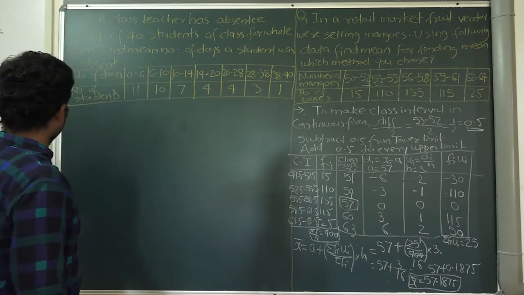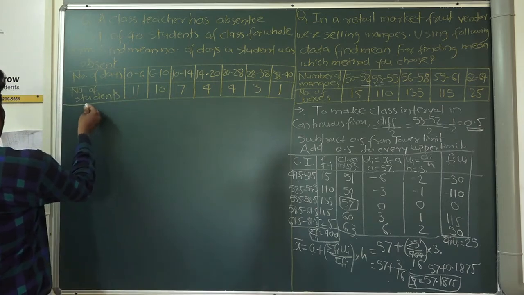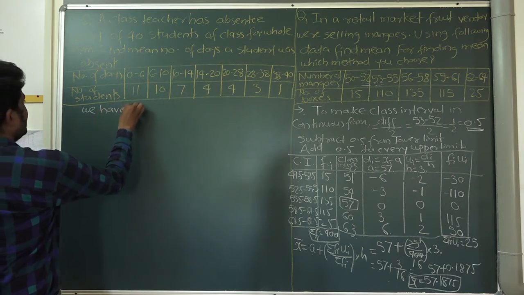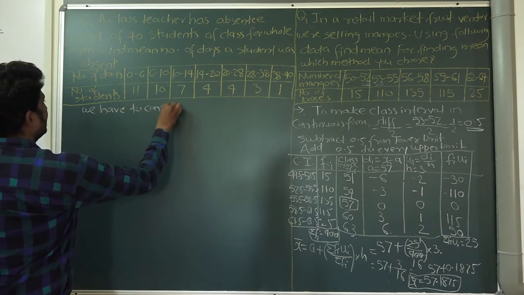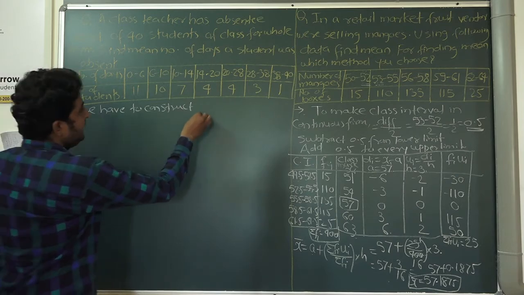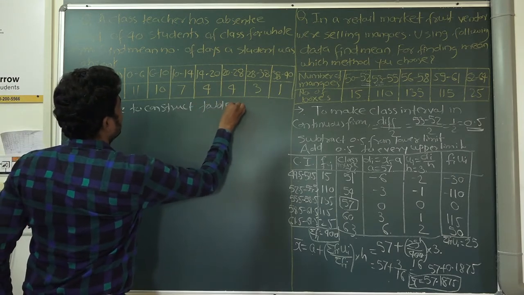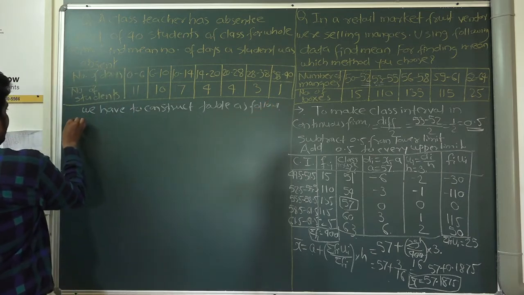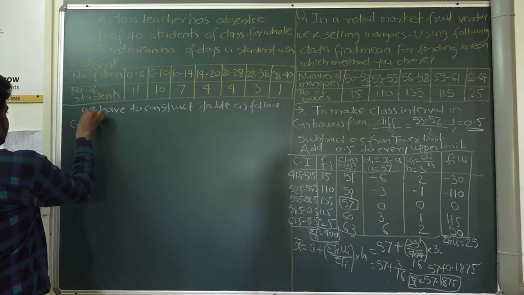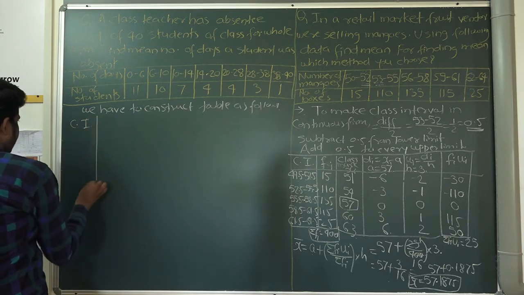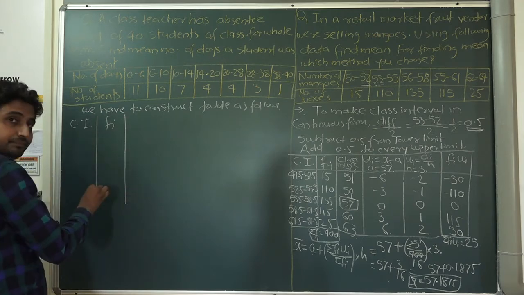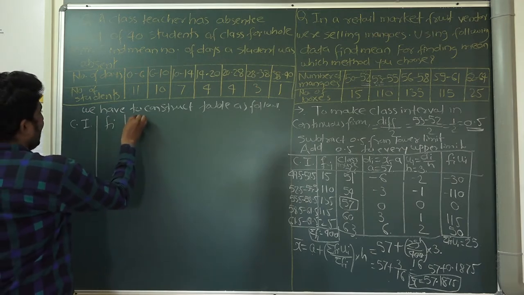Now here we have to construct a table as follows. First we take the class interval, then its corresponding frequency, then xi, that is the class mark.